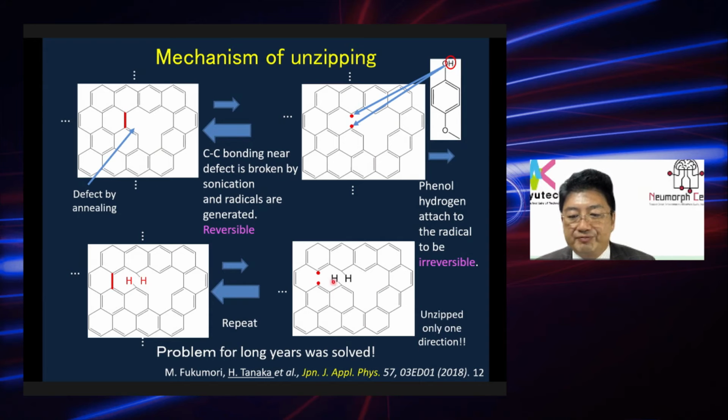And then the next neighbor bonding becomes the same situation, and after vibration and the proton coming to this disconnected bond, it's disconnected. And by continuing this, the unzipping proceeds. So this is a new finding from us.